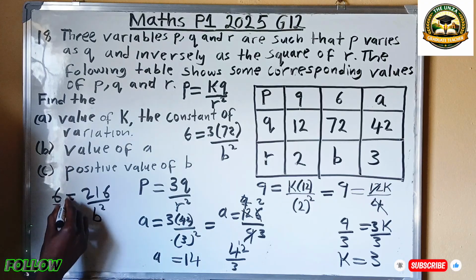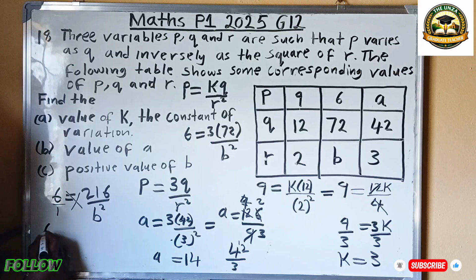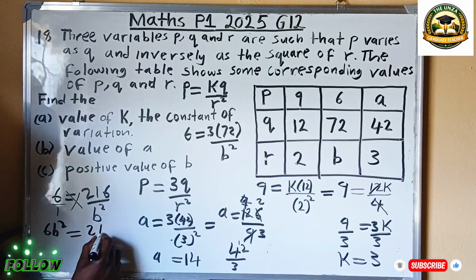Over 1, you cross multiply. It will be 6B squared equals 216.